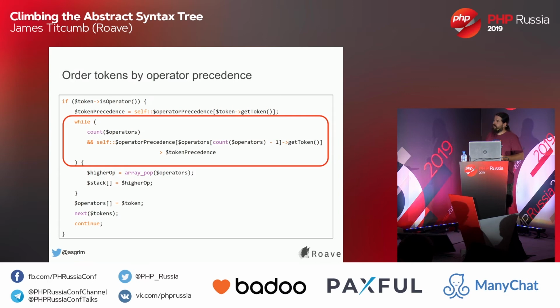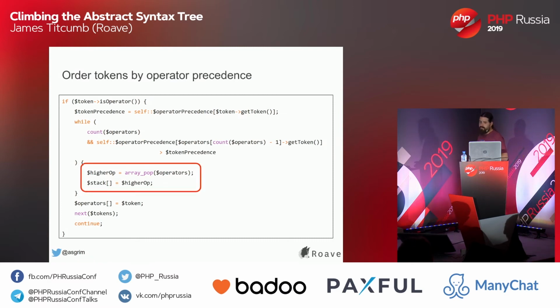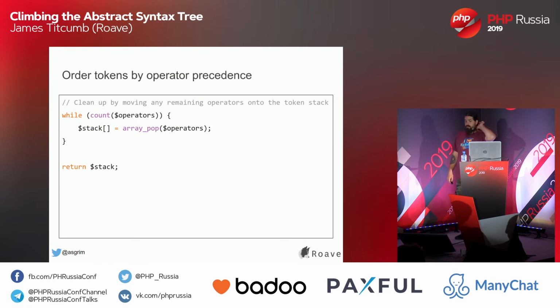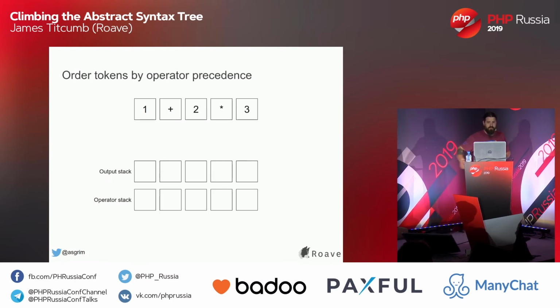However, on each iteration, we check whether the first thing in our operator stack has a higher operator precedence. If it does, we pop it off the operator stack and push it onto the output stack. At the end of the function, we'll loop over any operators that are left and push them onto the output stack.